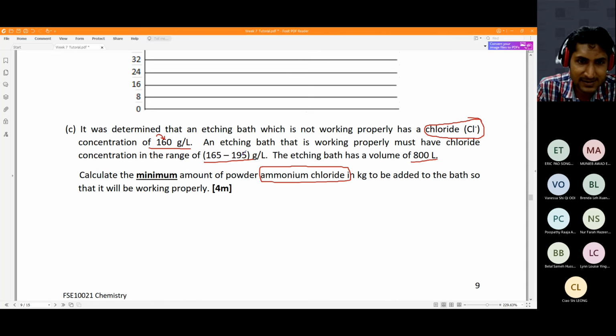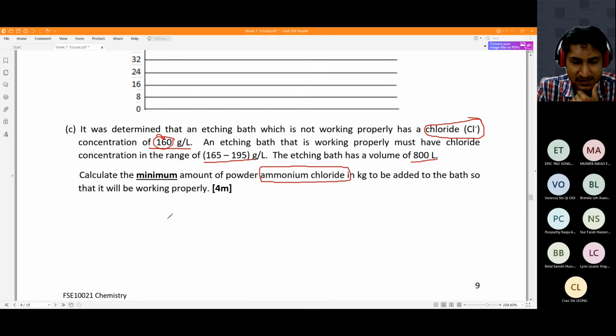If it is 196, probably it will not work. If it is 164, probably it will not work. I already have 160. Of course, I'm not giving you the maximum, only the minimum I need to work, because why should I give more when I can get it done by providing 165?